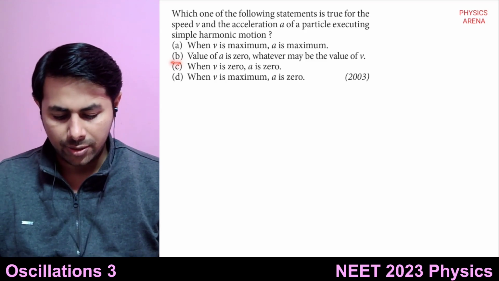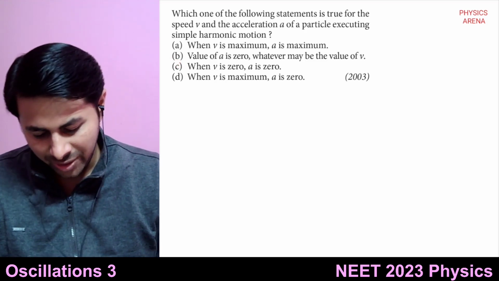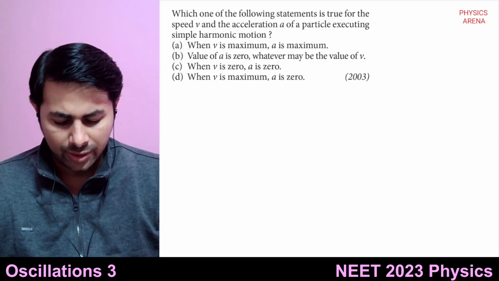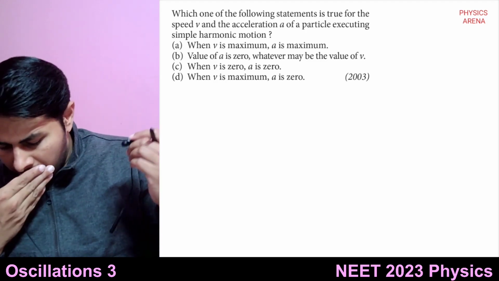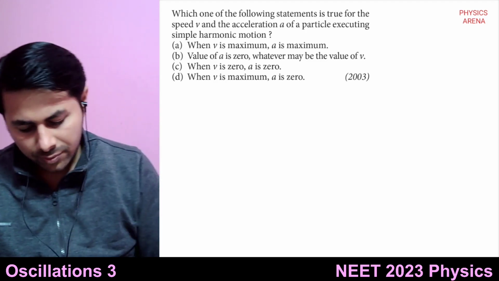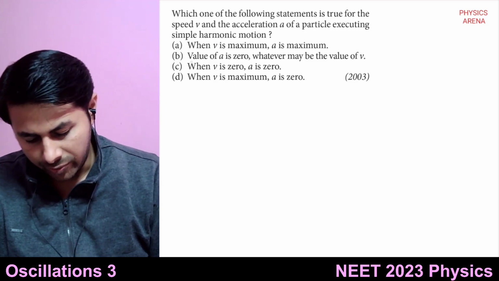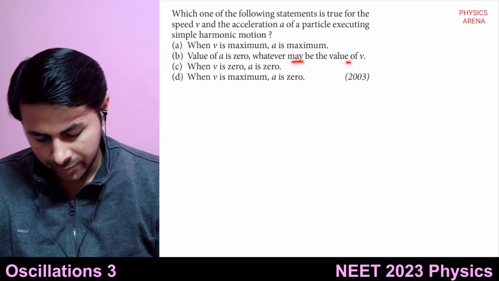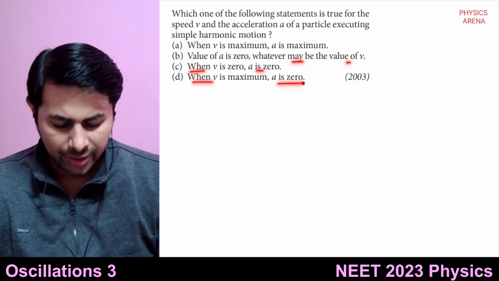Option B, value of a is 0, whatever may be the value of v. Then when v is 0, a is 0. When v is maximum, a is 0.